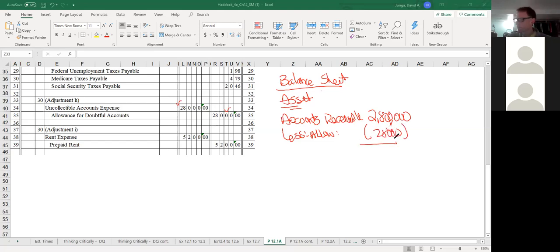So you'd have accounts receivable of 2.8 million and the allowance account of 28,000. What would happen is you would subtract that. So 2.8 million minus the 28,000 is right at 2,772,000.